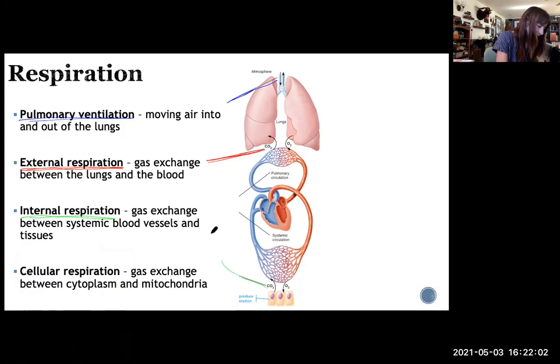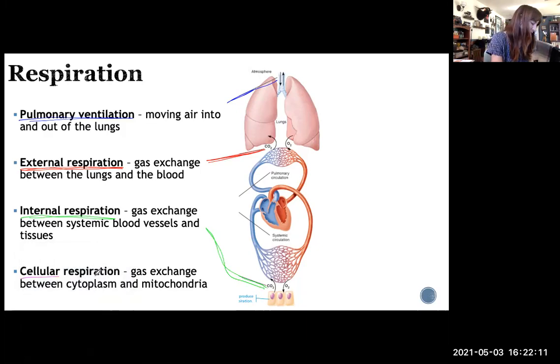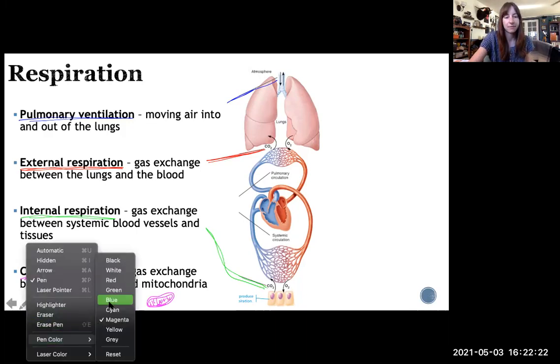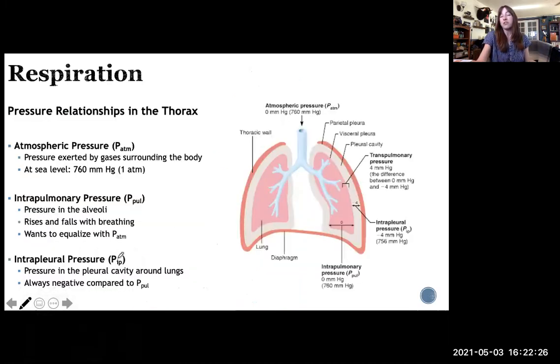And then cellular respiration is the fun stuff that we already talked about back in part A and in Bio 1. It happens within the cells, inside of the mitochondria, so we're not super worried about that today. Not today.